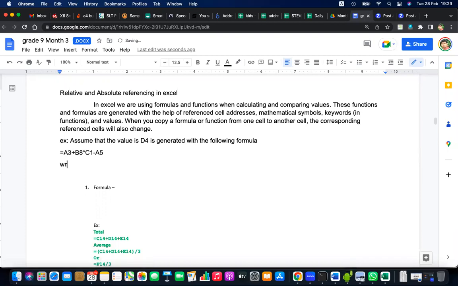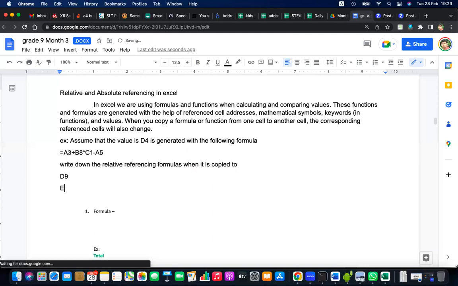Write down the relative reference in formulas when it is copied to D9, E11, B20, AC12.